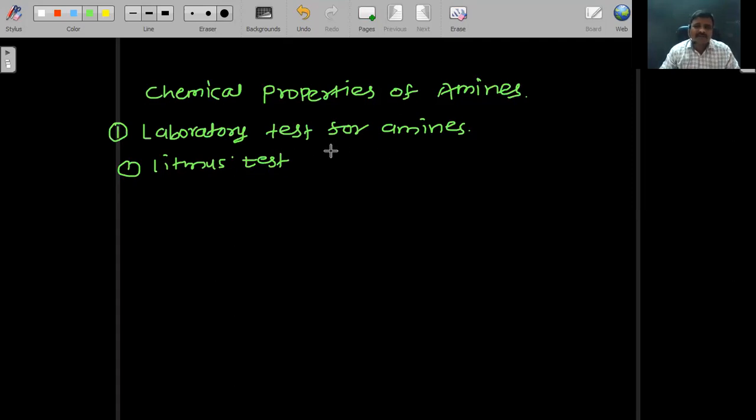So for amines, suppose amines are taken in this beaker and we dip a red litmus paper into it. This is the smallest piece of a red litmus paper.